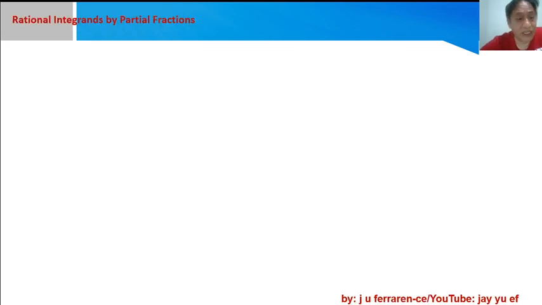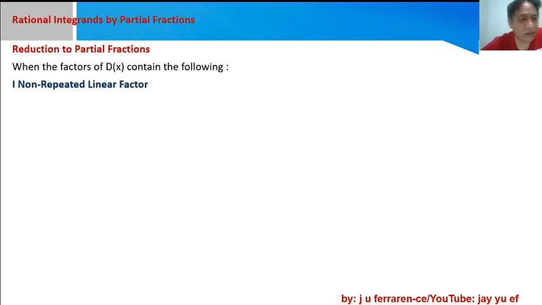Now, to reduce to partial fractions, that depends on the nature of the factors appearing in the D of x. For a non-repeated linear factor, if the denominator contains ax plus b as a factor, then we can have a partial fraction which is an unknown constant A over ax plus b.